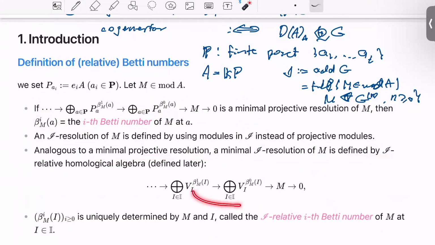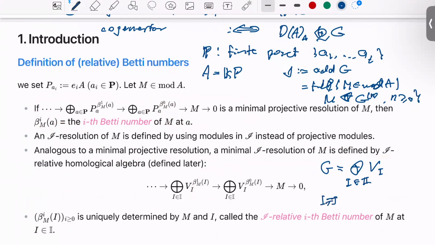Sorry, I have to add this. G is the direct sum of V_i, for i in a subset I, and if i and j are not equal, then V_i is not isomorphic to V_j, and they are indecomposable. This is an indecomposable decomposition with only finitely many summands.